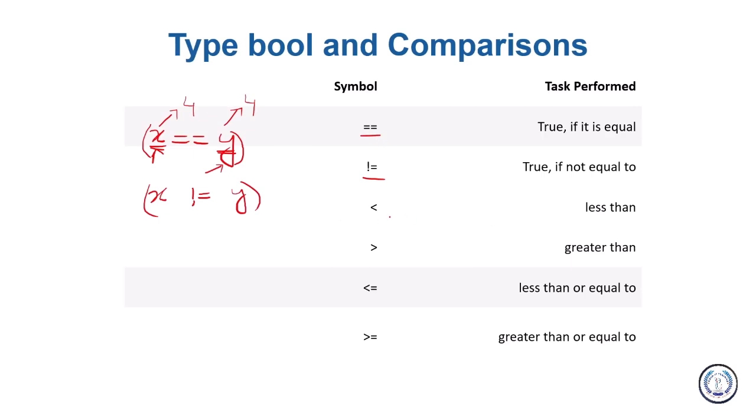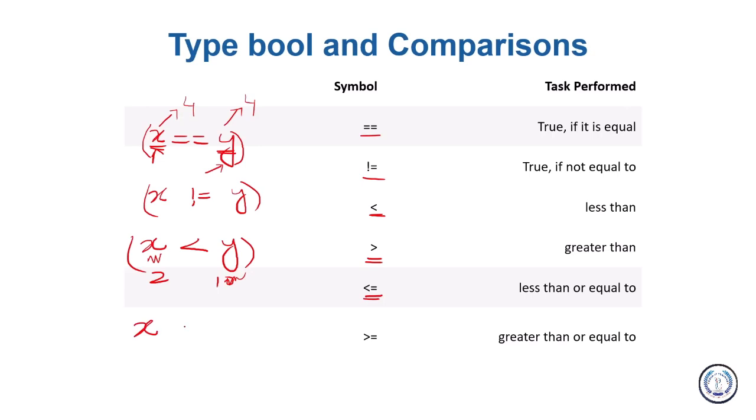Okay, next we check whether less than. For example, if x is less than y, the result will be true if x indeed has a value that is smaller than y. Let's say x is 2 and y is 10. In that case, the result will be true. Otherwise, the result will be false. Similarly, we can compare the two variables using greater than. We can also check whether one variable is less than or equal to the other.